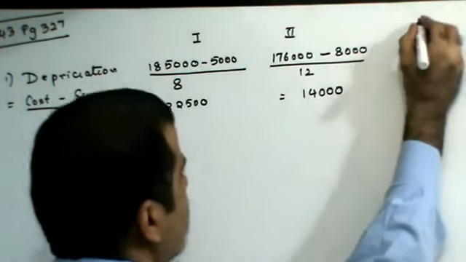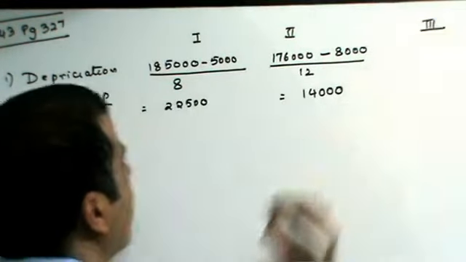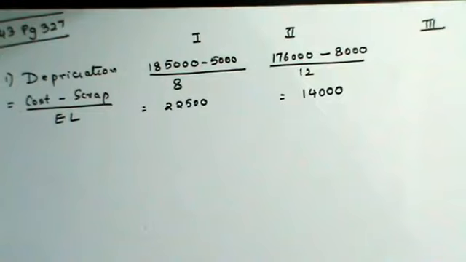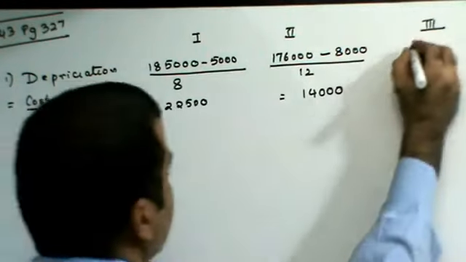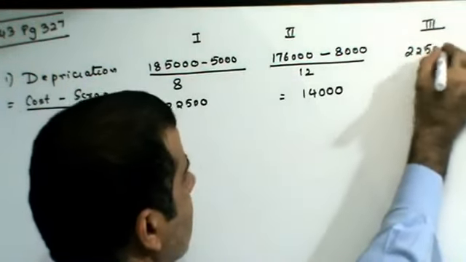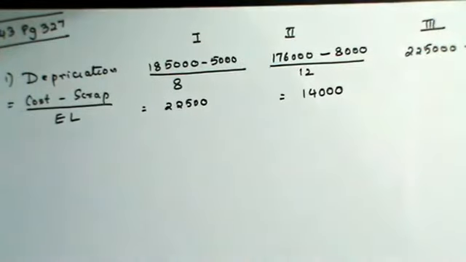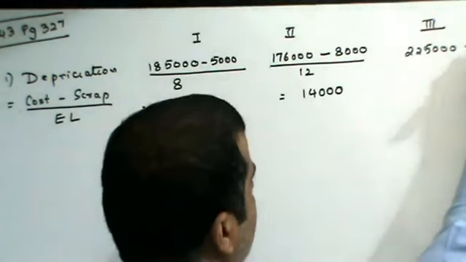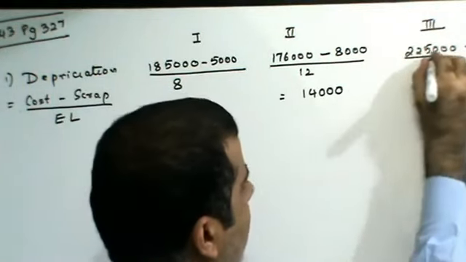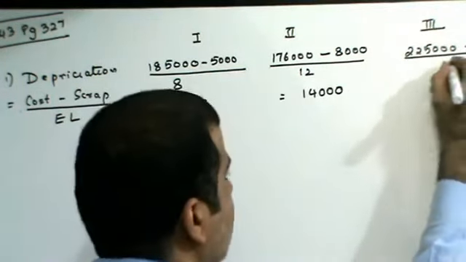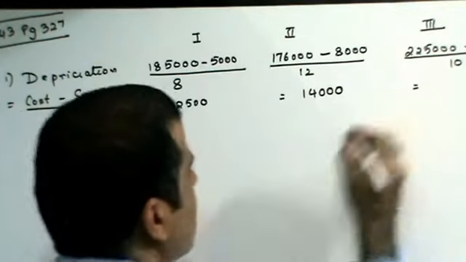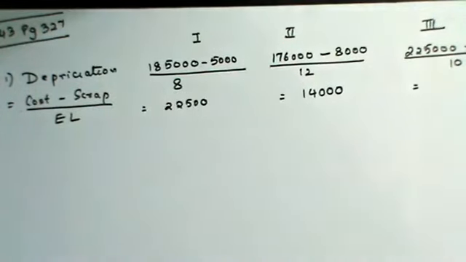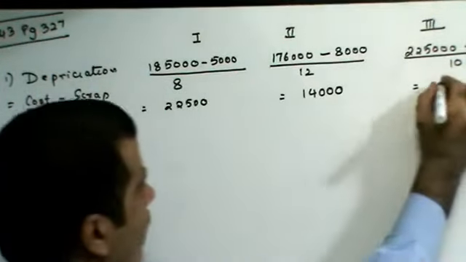Fine. Let's see machinery 3. The cost of the asset is 2,25,000 minus scrap value of 15,000, divided by life of the asset, 10 years. So this is 2,10,000 divided by 10, that is going to be 21,000.